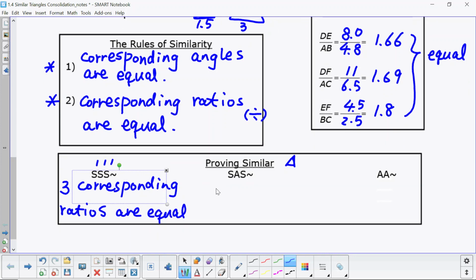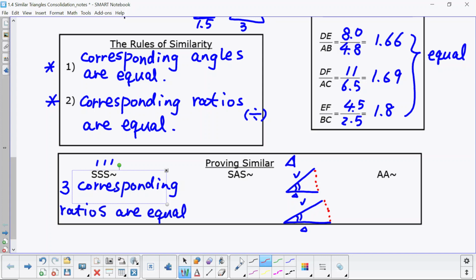And the second condition you could use to prove two triangles are similar is side angle side. It means if in the two triangles, this side divided by this corresponding side equals this side divided by this corresponding side, and also the contained angles are equal, then if you form a triangle, they will have the same shape.